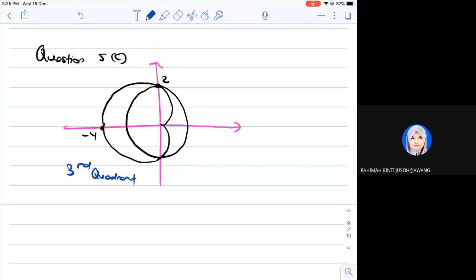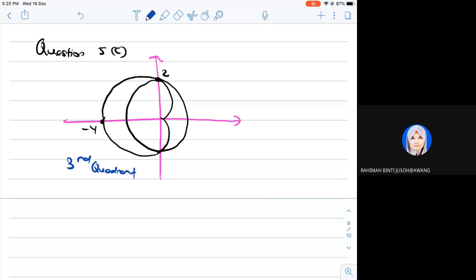So inside both, guys, where should I shade the region? Inside both means here, isn't it? If you consider this, it is outside the circle. So inside both means only this region.